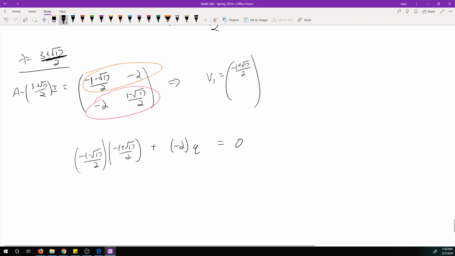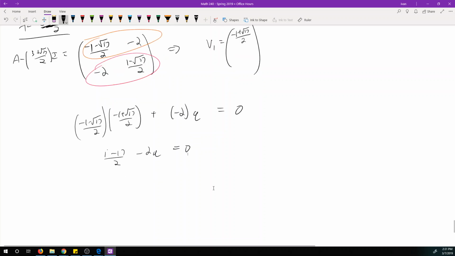What's this first term? You get 1. Negative 1 squared is 1, minus 17 over 2, plus negative 2q, or minus 2q, is equal to 0. This term is negative 8, so negative 8 is equal to 2q, q is equal to negative 4.